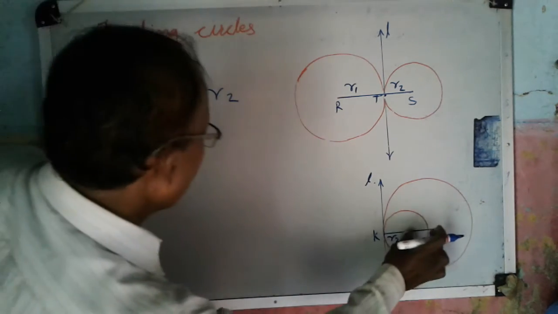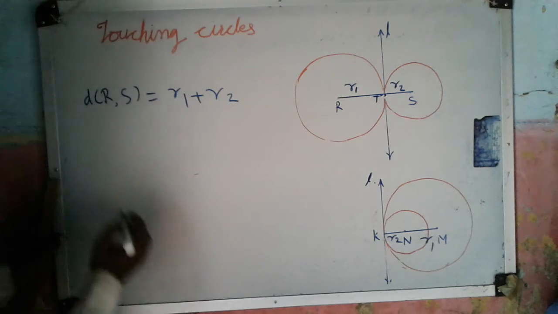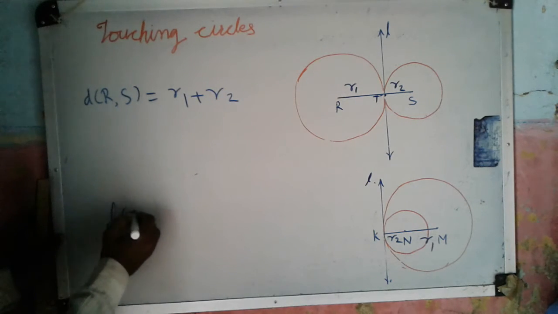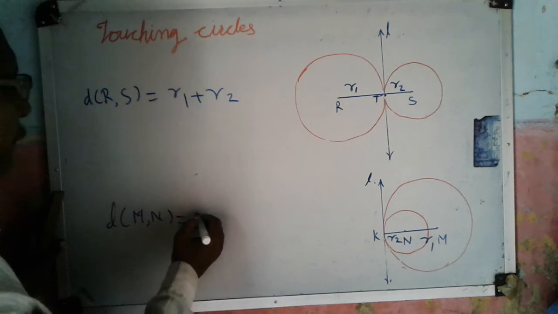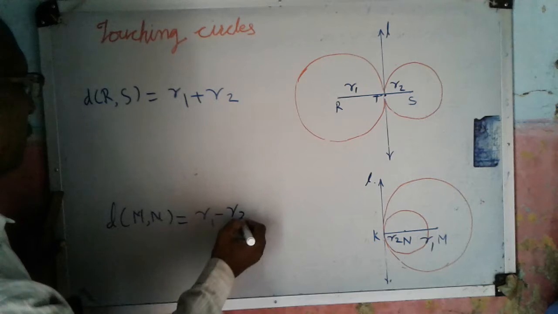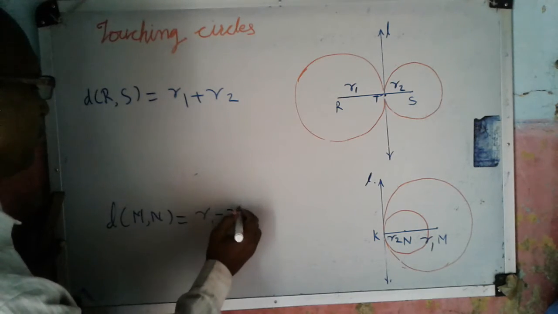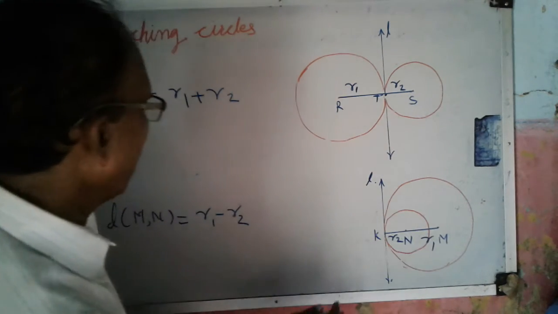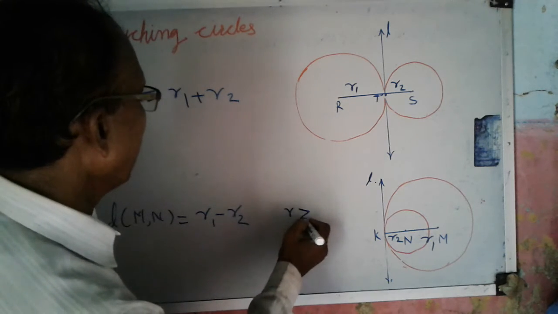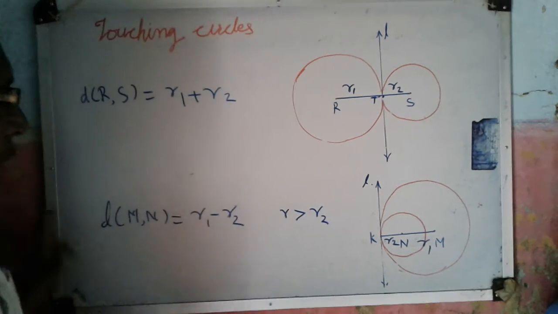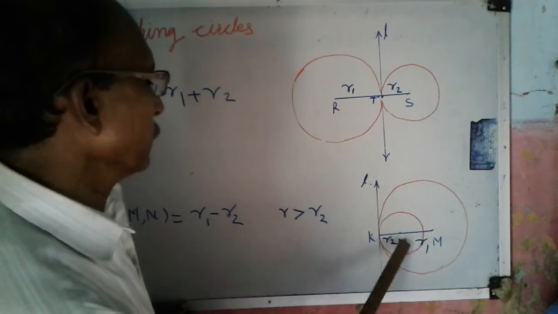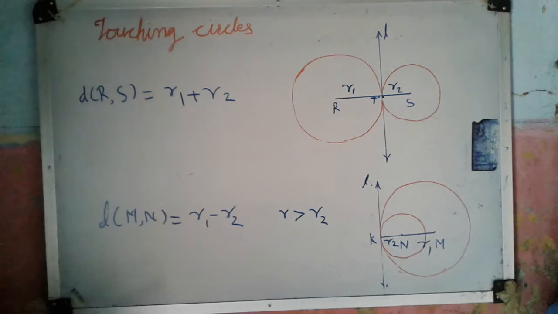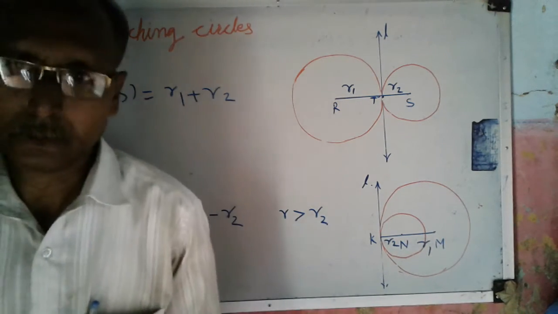So the distance between their centers, that means the distance MN, is equal to R1 minus R2. So here R1 is greater than R2 because the radius of the outer circle is greater than the radius of the inner circle. So in this way you can find the distance between the centers of the circles.